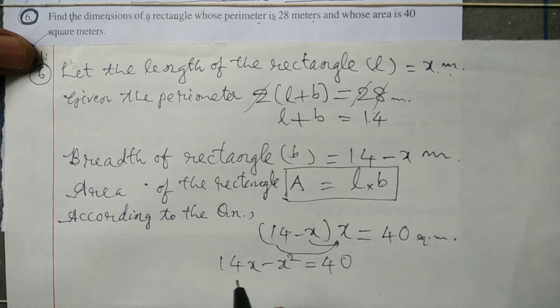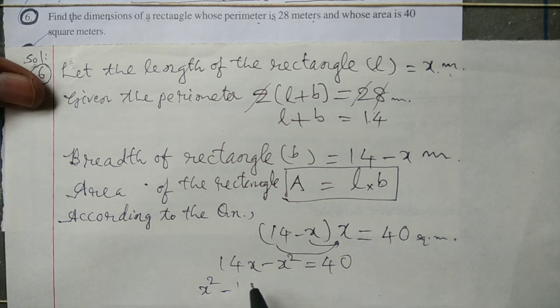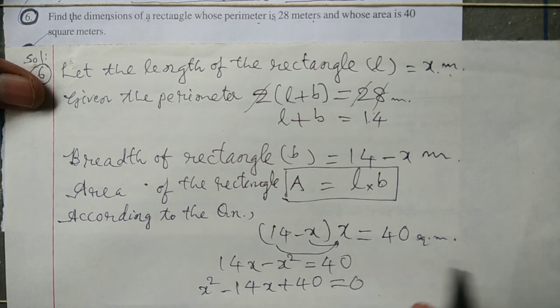We have to shift these terms to the right only. x square minus 14x plus 40 is equal to 0.